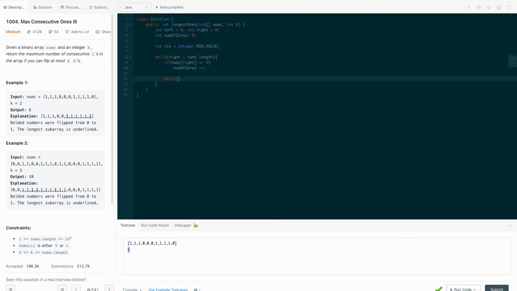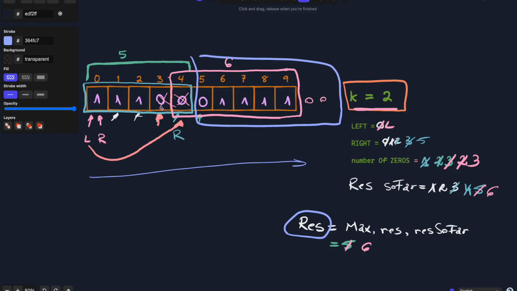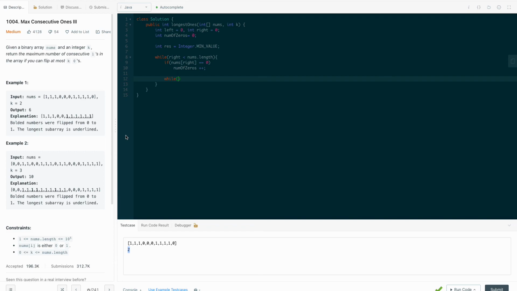And after that, in the case that our number of zeros is greater than our k, what we need to do now is move our left to the first position. In this case, the first position where we found our 0 is 3, so we're gonna move our left to 4, right? So while number of zeros is greater than k, we need to check if our nums of left is equal to 0.